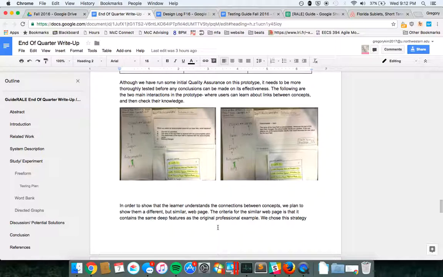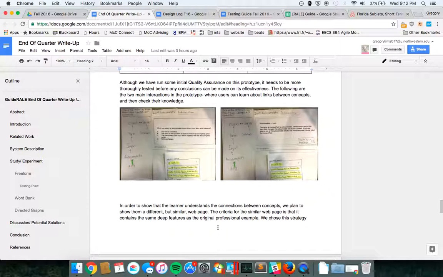This brings together a lot of things that we learned throughout the quarter. Most notably, that the guiding high-level description of what the learner is going through is actually essentially a concept map. It's a directed graph, and it's a little bit different, but it's the same idea. And we thought that this was applicable because this really is what we were trying to address.